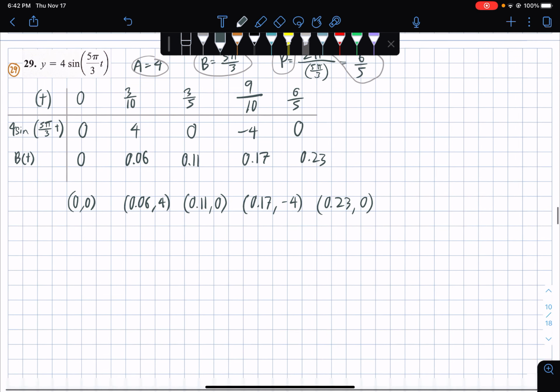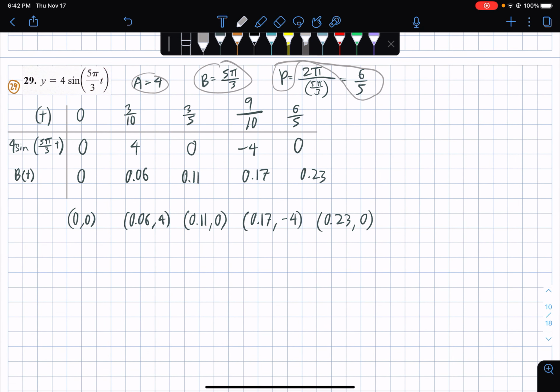Alright, so with number 29, here is the graph. Point of origin, 0.06, 0.11, 0.17, and 0.23. The amplitude would be 4.